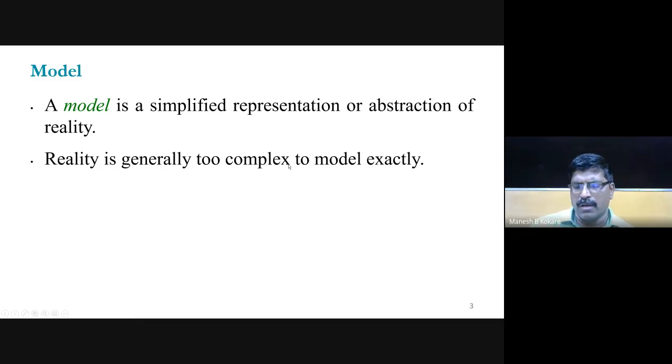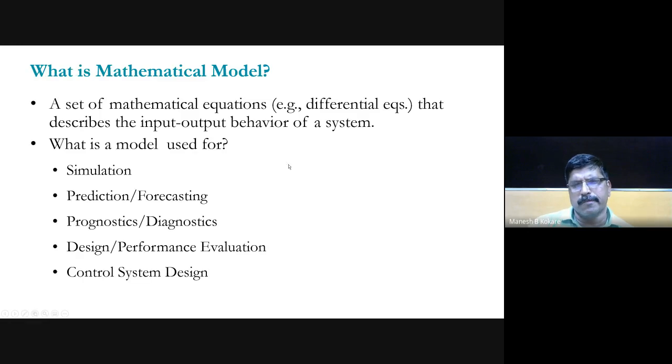So what do we mean by mathematical modeling? Mathematical modeling is nothing but representing that system with the help of mathematical equations. Now, a simple example: if you apply a voltage across a resistance, because you people are electronics engineering students, you know Ohm's law.